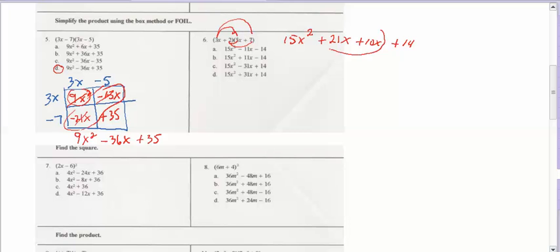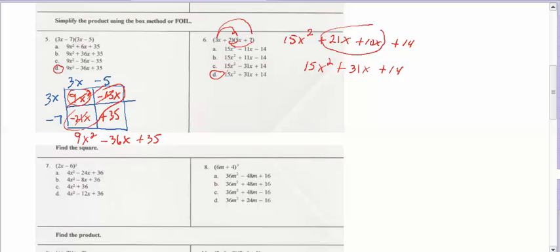The x's go together. I have a positive 31x, I have a positive 14, and I have a 15x to the second. So 15x squared plus 31x plus 14, and I found it as letter D.